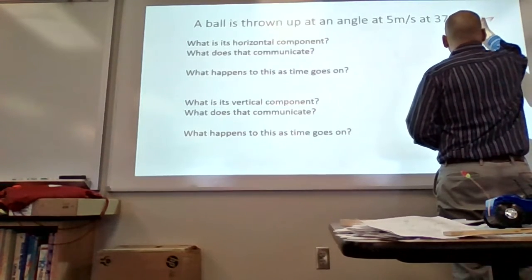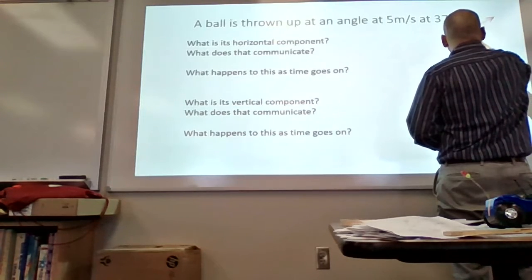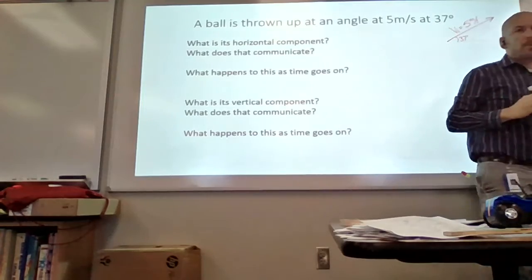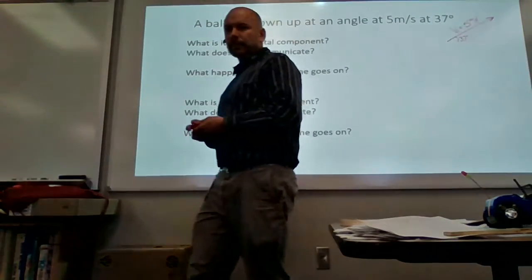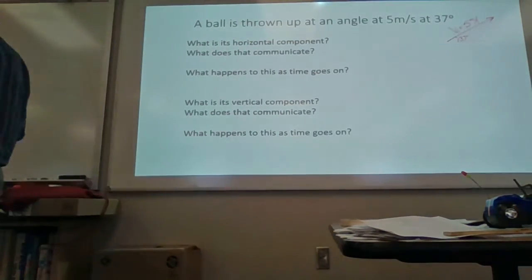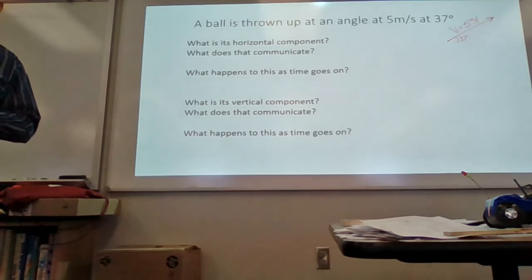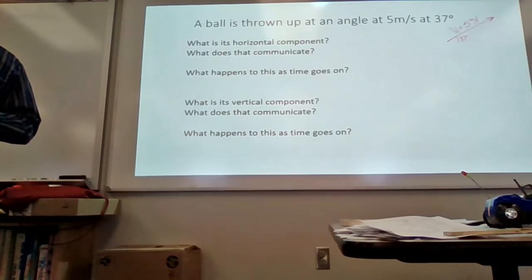My initial velocity is 5 meters a second at 37 degrees above the horizon. I want you to calculate the horizontal component.